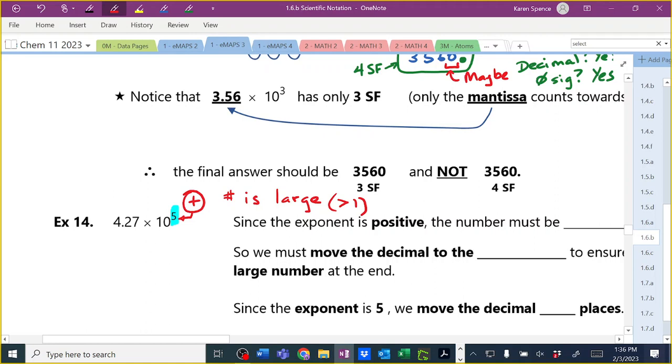So we are going to move our decimal place so that our final number ends up being bigger than 1, which means we need to move it this way, 1, 2, and because the number is a 5, we need to move it 5 places, so that's 1, 2, 3, 4, 5.